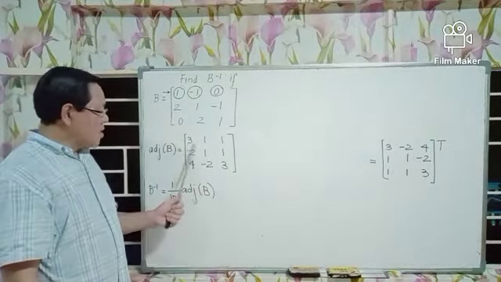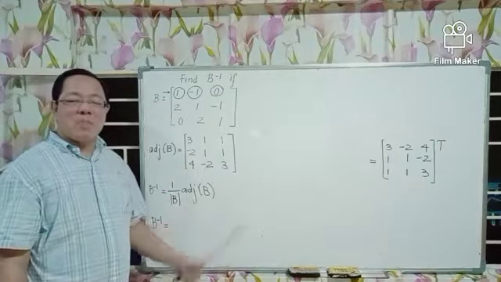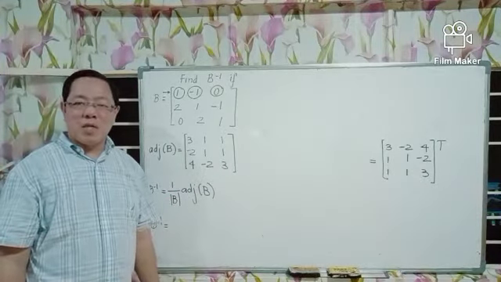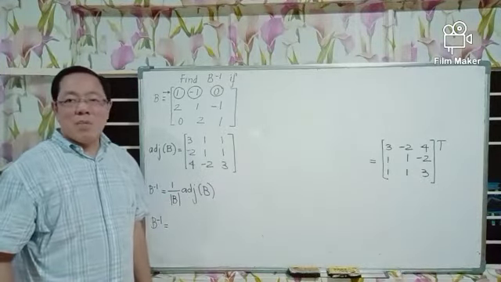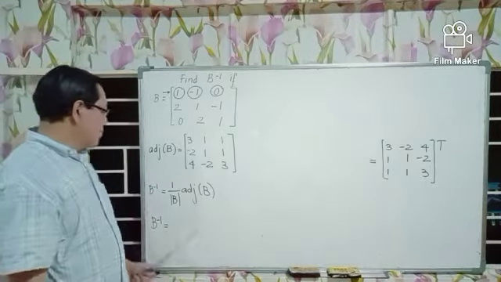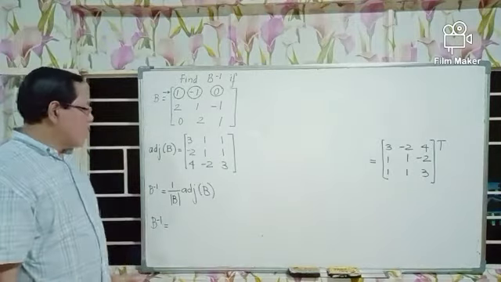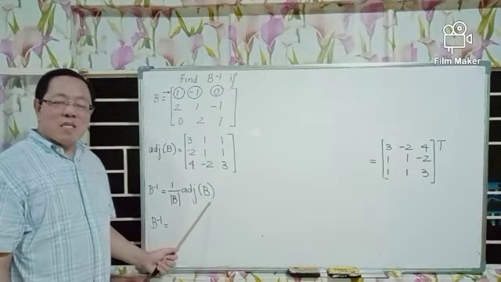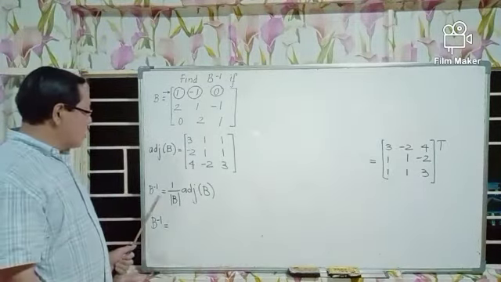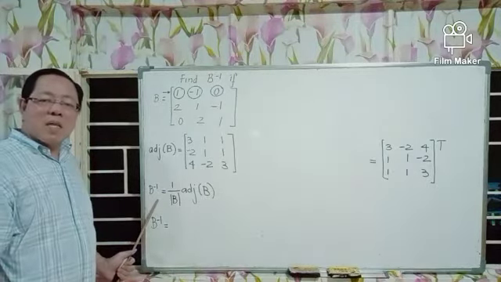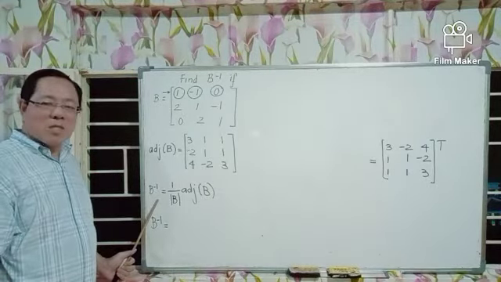We multiply each entry of this adjoint of matrix B by the reciprocal of the determinant of B. The determinant of B is 5, so its reciprocal is 1 over 5. We multiply the adjoint of matrix B by 1 over 5, and the resulting matrix is the inverse of matrix B, denoted by B to the minus 1.